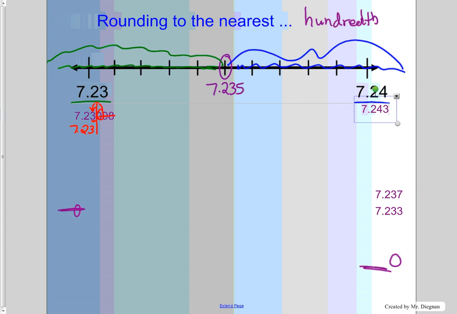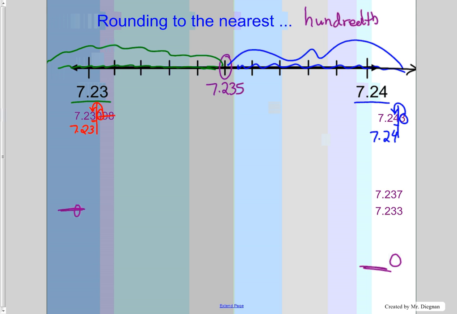So I come all the way out here, and I notice it's actually even a little bit bigger out here. So my number line extends beyond, but it's still going to come back to 7 and 24 hundredths. What's 3 going to tell 4 to do? It's going to say stay the same, 7 and 24 hundredths. So it stays there.